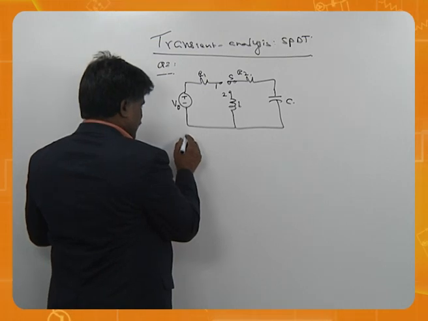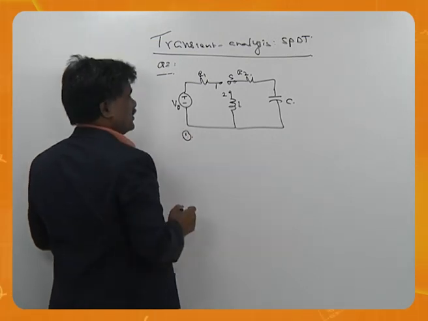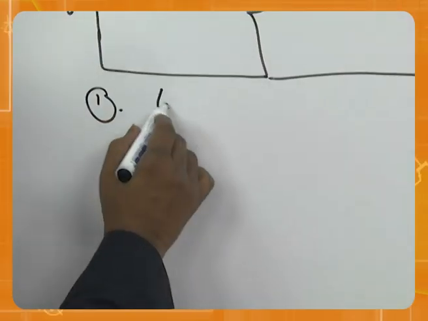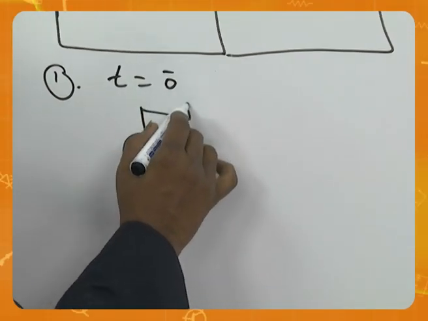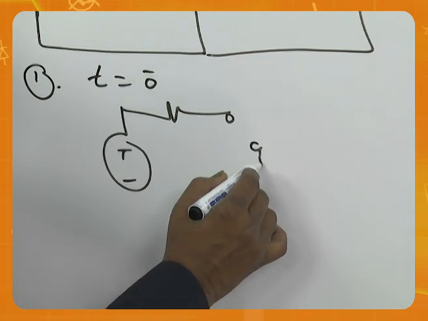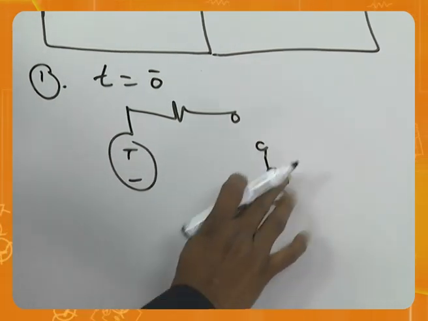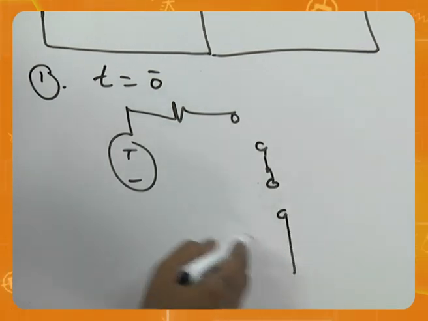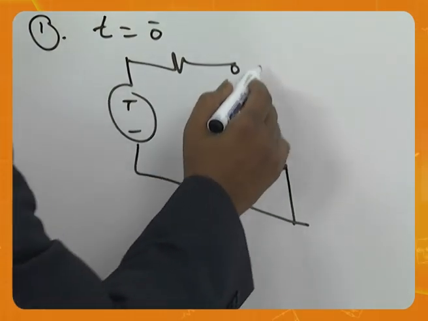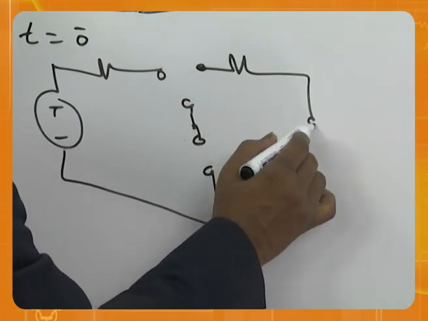So, as usual, I will take you to step 1. Step 1 says t equals 0 minus, the switch is here. The inductor will act as an open circuit. I will keep it open and wait for your response. Resistor here, capacitor.